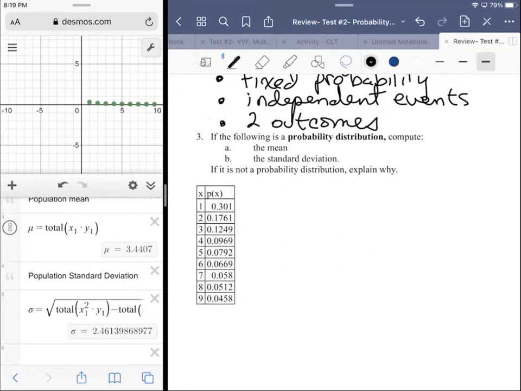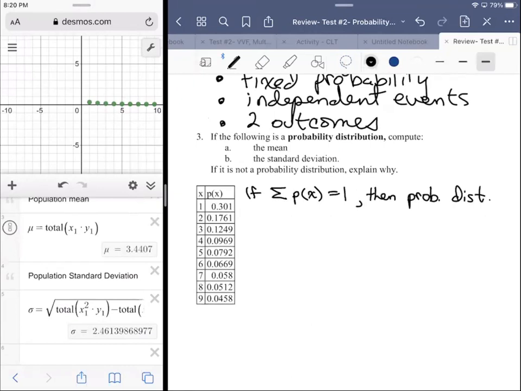A probability distribution needs to have the sum of the P of X values equal to 1. So if the sum of the P of X values is equal to 1, then it's a probability distribution. I need to verify that, because I already have the mean and standard deviation.